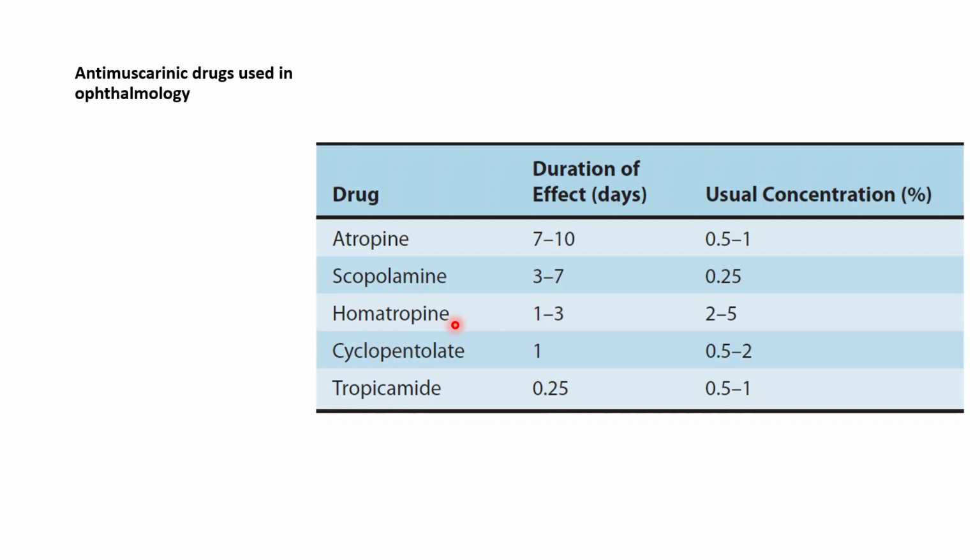The injection of atropine or scopolamine usually prevents these effects, and scopolamine also produces amnesia that is useful during the surgery and obstetric delivery.